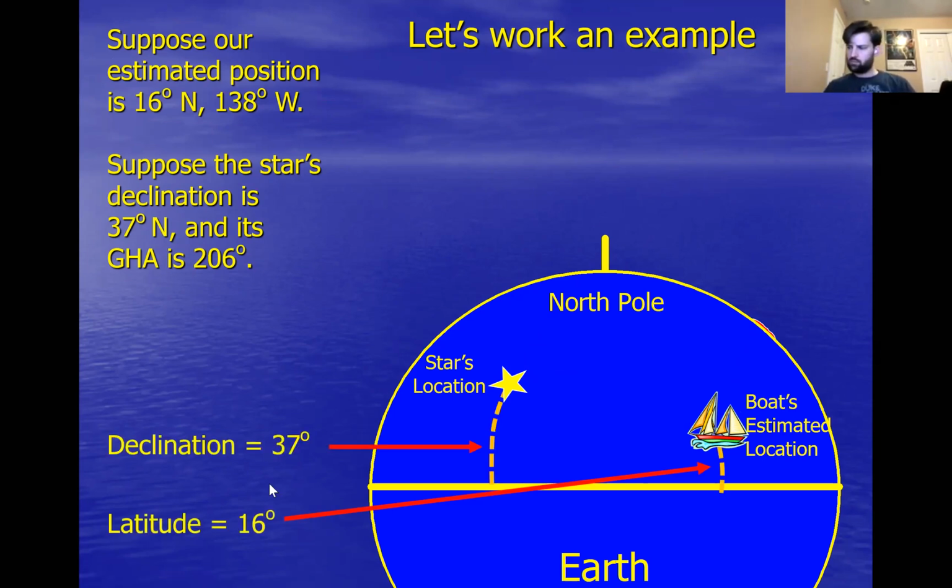Our latitude was 16 degrees, so that means we're 16 degrees above the equator. The star's latitude or declination, I'm going to use the words latitude and declination interchangeably. Purists get mad at me for doing that, because they say if it's a star, you should call it declination. Yeah, same thing, right? So we're at 16 degrees above the equator, and the star's GP is at 37 degrees above the equator.